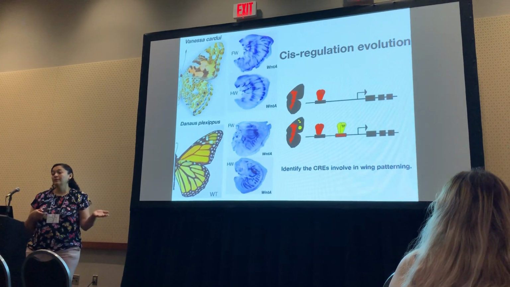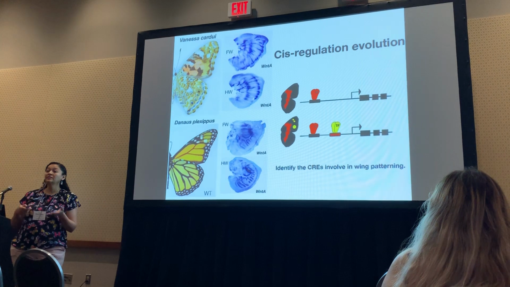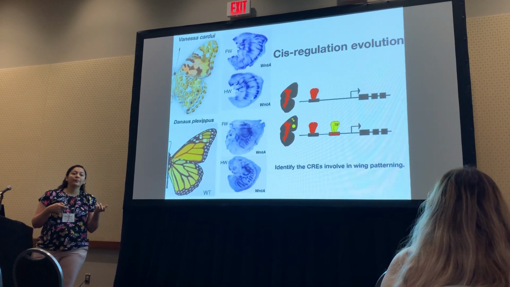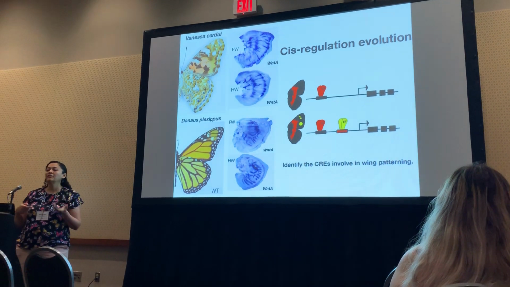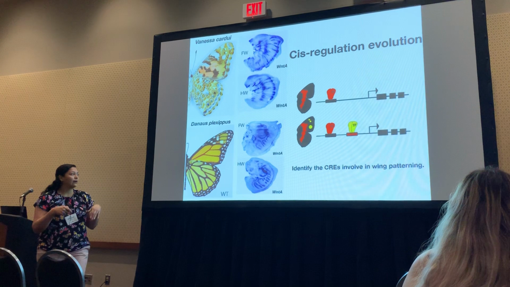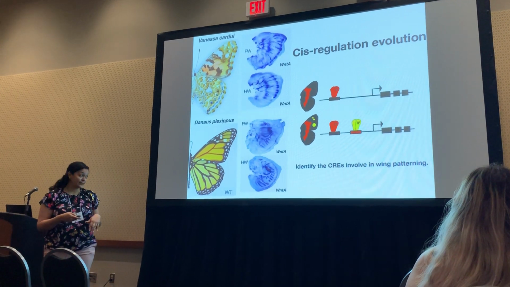The hypothesis I'm going after is trying to understand the cis-regulation, basically trying to identify the promoters, the enhancers and repressors that are interacting with this gene and evolving this new expression pattern.